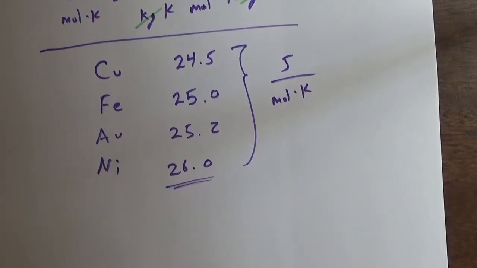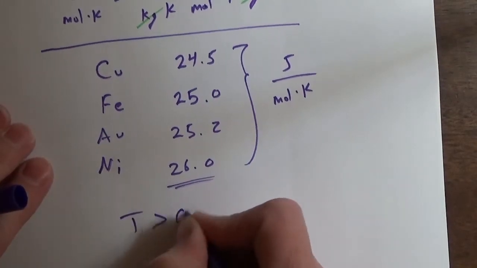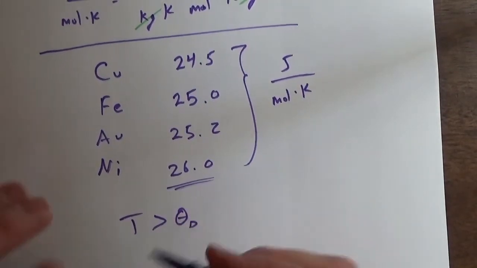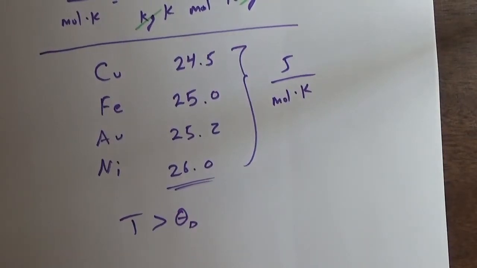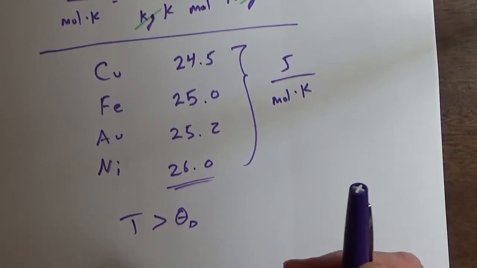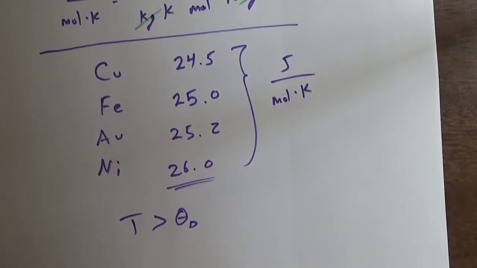Let's say they are at temperatures above the Debye temperature. And if you're above the Debye temperature, it means that all of the processes for storing energy are activated, all of the lattice vibrations and the electronic contributions.